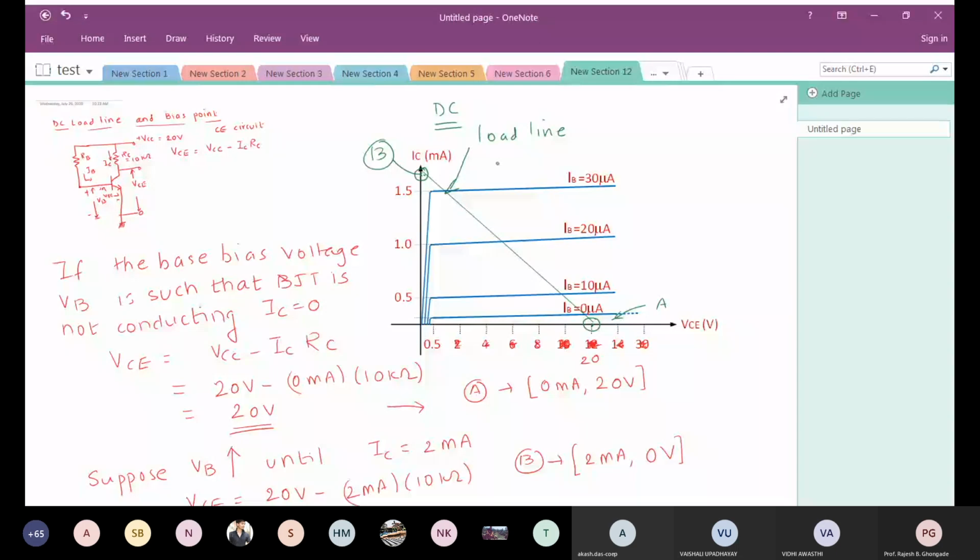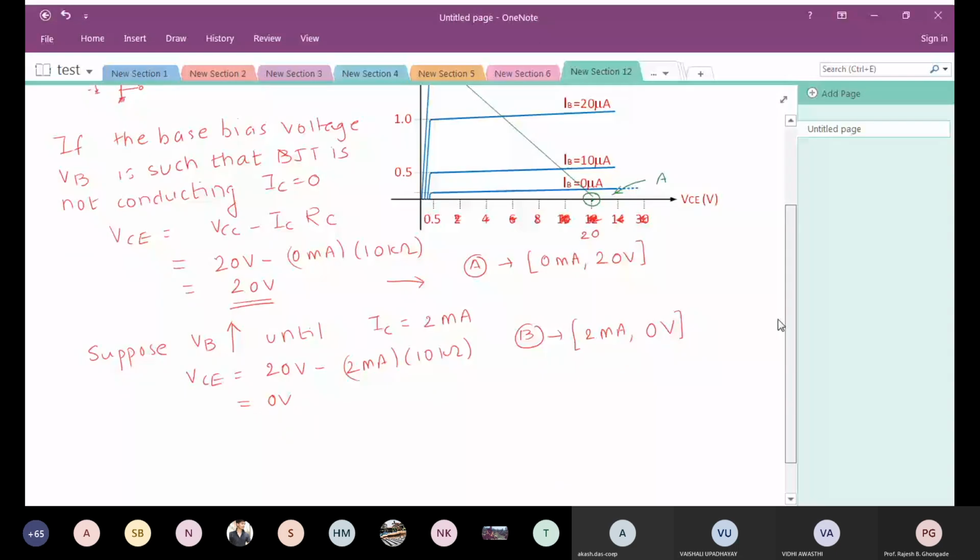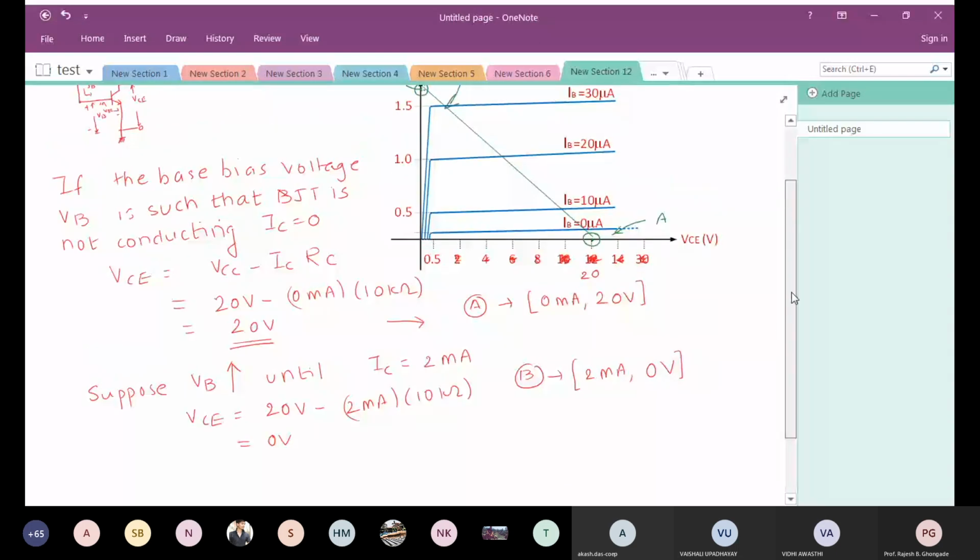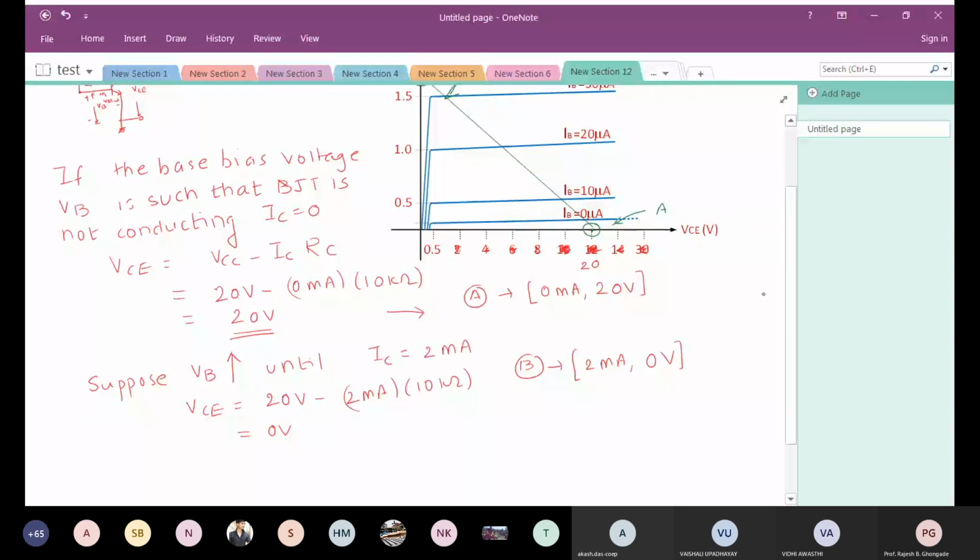Is this clear to all of you, or should I repeat this part? How to construct the load line? Guys, are you there? Yes, sir. So have you understood how to construct the load line? Yes, sir. Very good. Any doubts, any questions here?